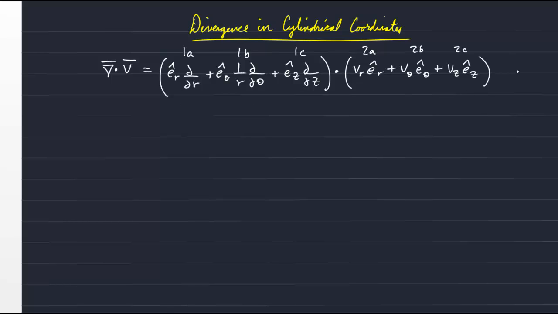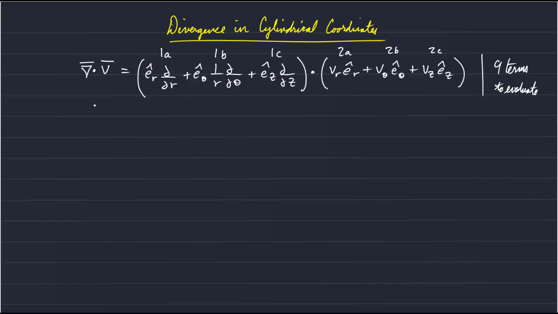So we have 9 terms to evaluate. Let's look at the first pair, which would be 1a dotted with 2a.